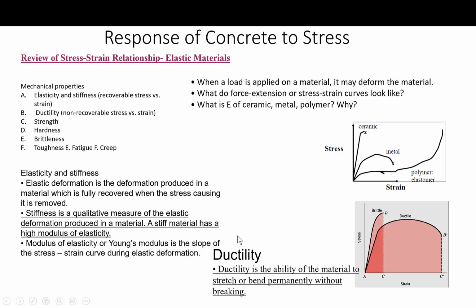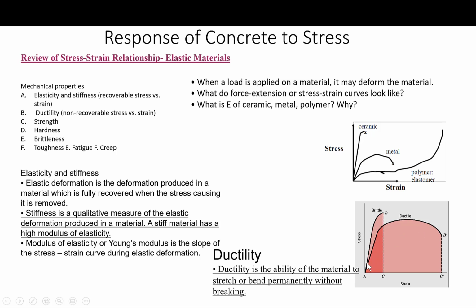Okay, what is ductility? Ductility is the ability of a material to stretch or bend permanently without breaking. As we can see here, for example, this is a ductile behavior, which is that steel we talked about earlier. After yield, it still has the ability to bend and deform permanently without breaking up to a certain point.